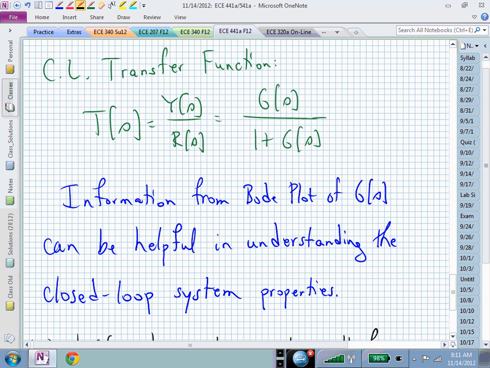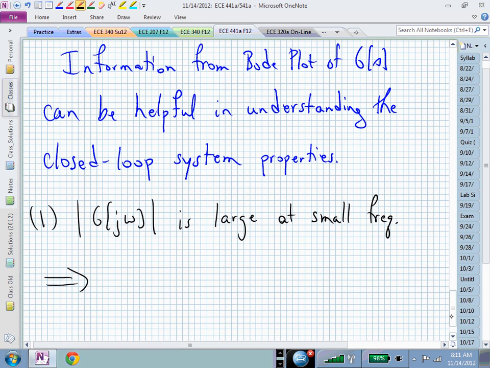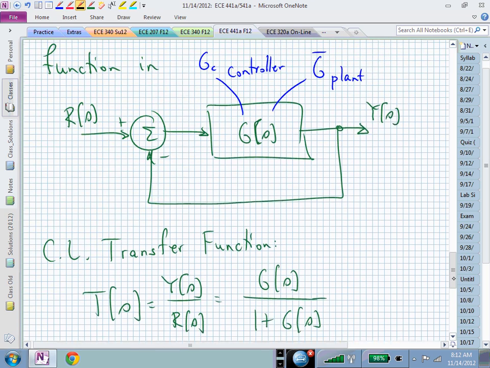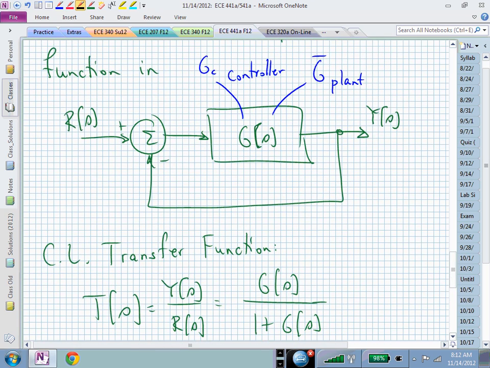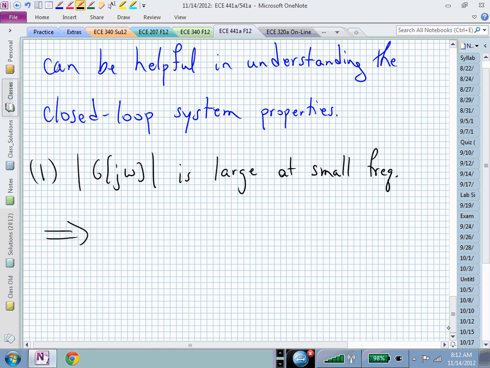So we have big over big, and that is going to allow us to say that at low frequencies, where that magnitude of G was big, in the closed loop the transfer function has a gain pretty close to 1, which means that reference input signals in that low frequency range will pretty much be tracked; the output is going to track the reference input signal. So that's the implication here.